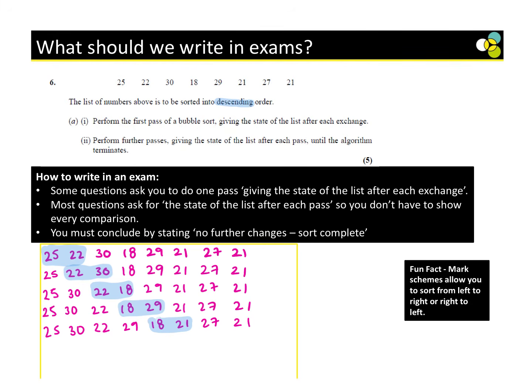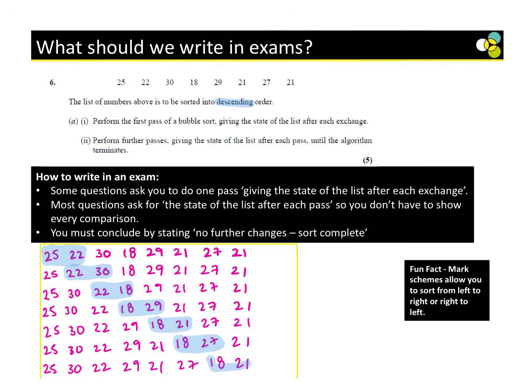We're now looking at 18 and 21. 25, 30, 22, 29, 21, 18. I wish there was like a fast forward button, but there isn't. Sorry guys, I'm going as fast as I can. 18 and 27. We are going to swap. 25, 30, 22, 29, 21, 27, 18, 21.